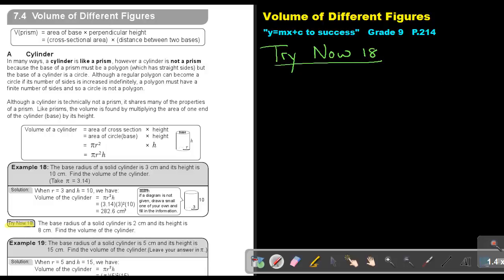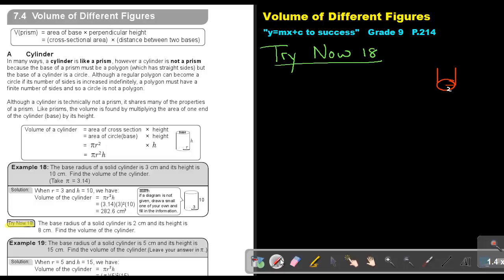Okay, so let's just make a small picture. That is going to be 2. Okay, and its height is 8.